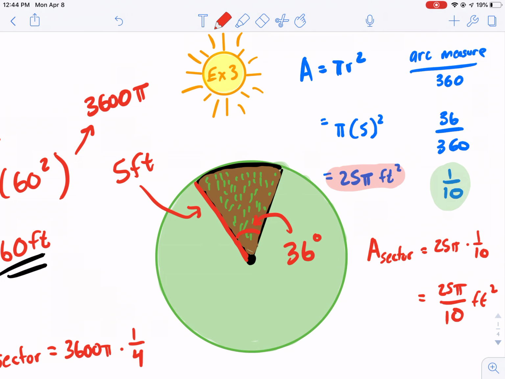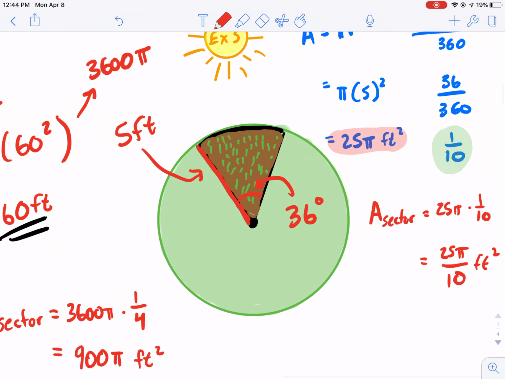Now, let's say you don't like it written like that. Well, 2.5 pi is the same thing, feet squared. If we want, we can multiply that out. Remember what I said in the previous video: don't just use 3.14 if you can. Use the pi button on your calculator. There is a pi button, and it looks like this.